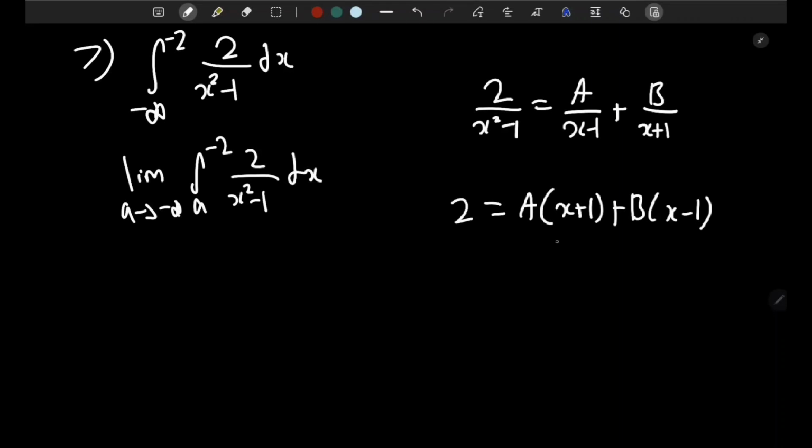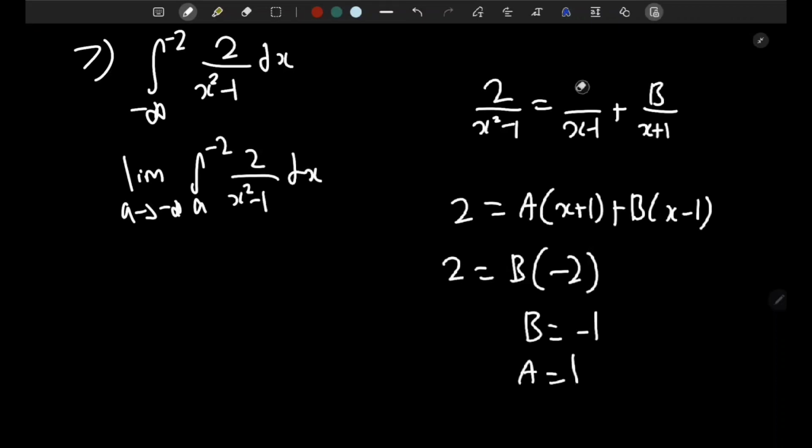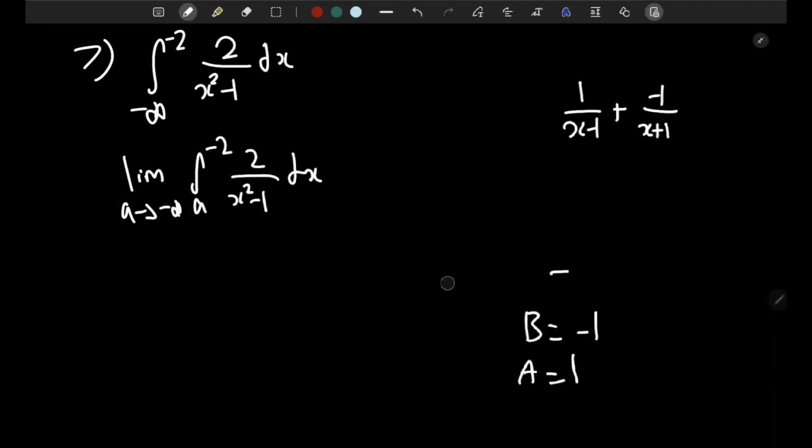Now you can substitute x as negative 1 and you will get 2 is equal to b into minus 2, so b here is going to be equal to minus 1, and a here is equal to 1. So now we know that a is 1 and b is negative 1. So we can erase the other stuff here.